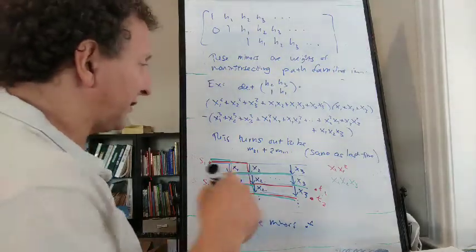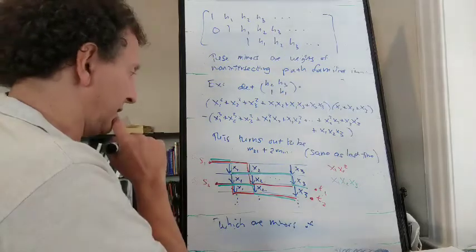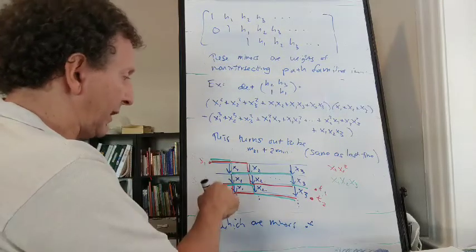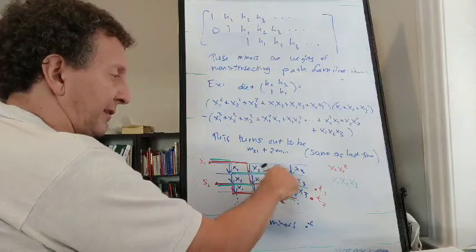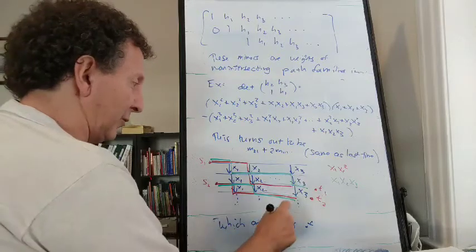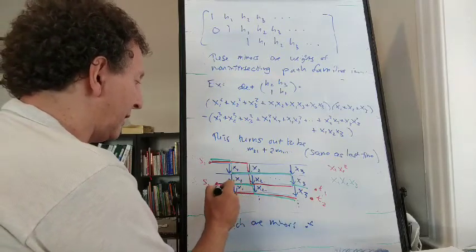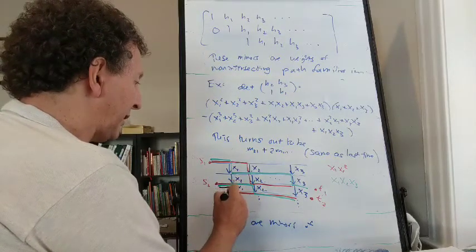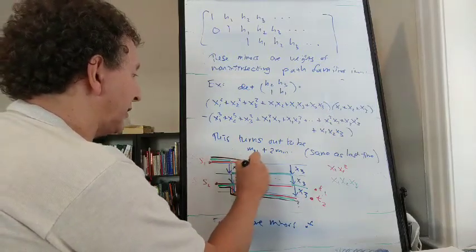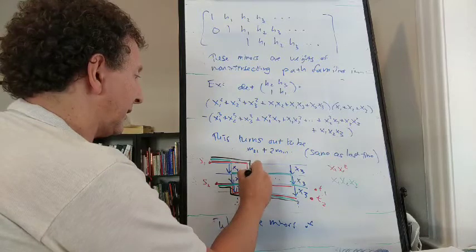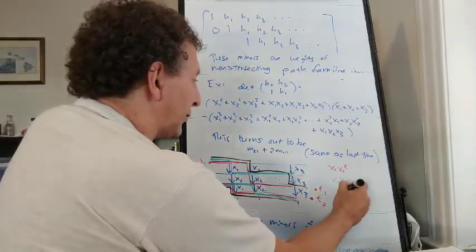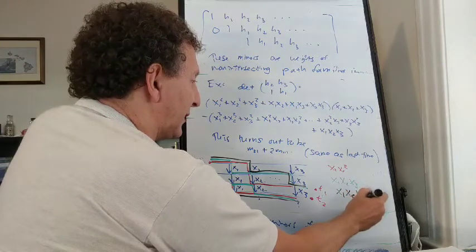And maybe one more that has weight x1 x2 x3. We can't take x3 on the bottom because then the top path is going to crash. The top path definitely has to get here to get to T1. So let's make the bottom path go down on the x1 edge, and then the top path is going to go down on the x2 edge and the x3 edge. So that one has weight x1 x2 x3 also.